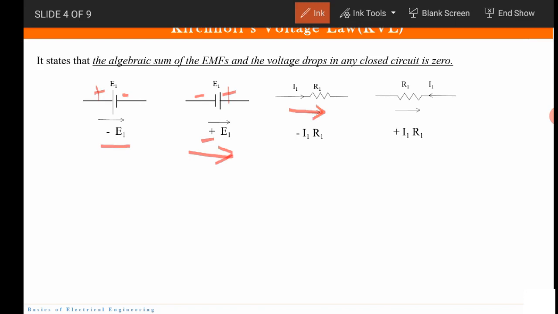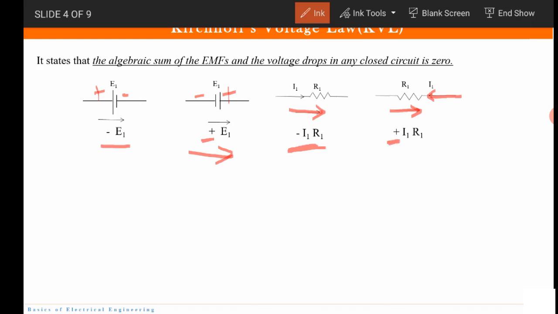Now if we are moving in the direction of the current, then we take it to be negative. And if the current is flowing from right to left but we are moving from left to right, it means we are moving in the opposite direction, so we take it to be positive.